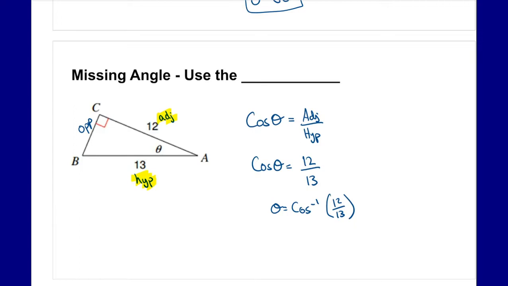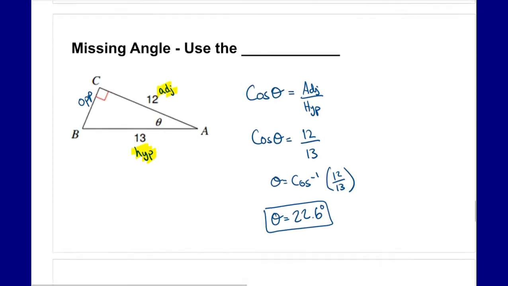We're still doing the inverse of the fraction. So inverse of cosine, 12 divided by 13, we get 22.6 degrees is our angle.